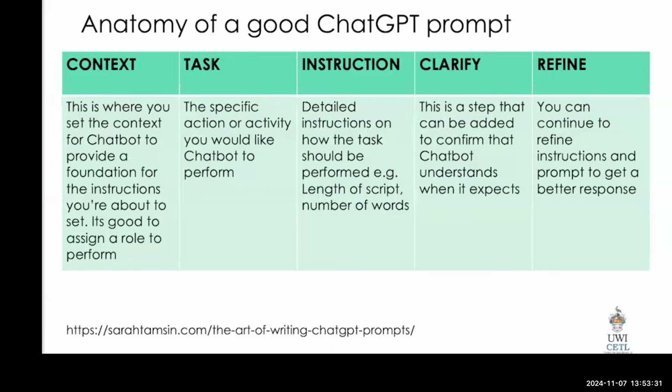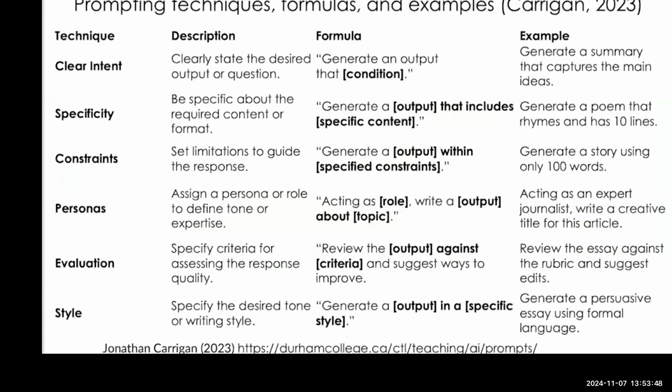And so providing context, providing the task, instruction, and this comes from Tamsin, sorry, and there are others that actually push a different approach. So this may look a little bit crazy for you now. I don't know if you've seen that on the screen, but this is Carrigan 2023. This is his recommendation based on the algorithms. You get a lower percentage of hallucination, or fake things being given to you, if you follow through on using that approach.